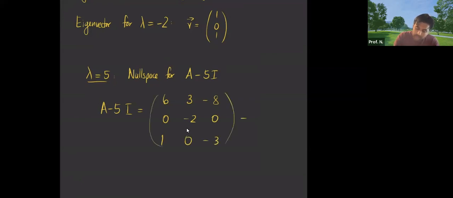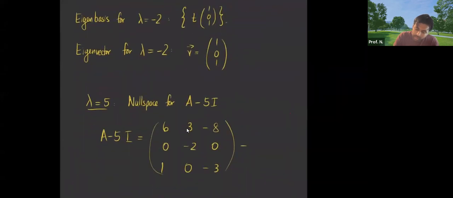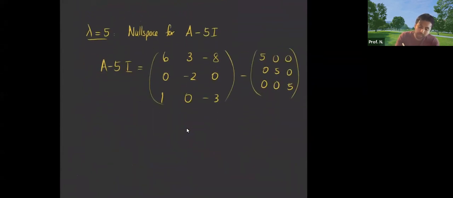And I'm subtracting that with 5, 5, 5, 0, 0, 0, 0. The rest is zeros. So when I subtract, I get 1, 3, negative 8. I get 0, 3, 0. And I get 1, 0, 2.